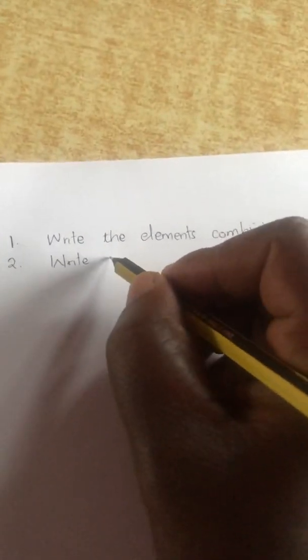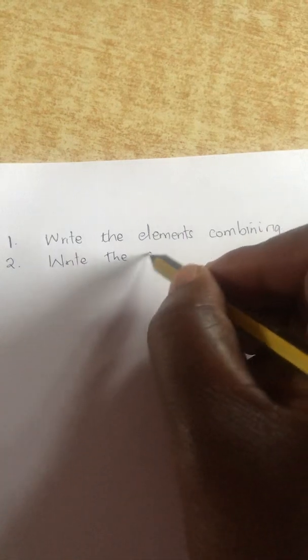1, you write the elements that are combining or reacting. Secondly, you write the combining masses.